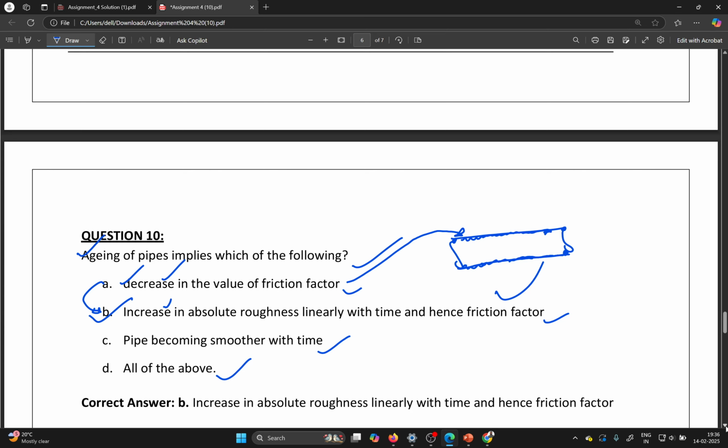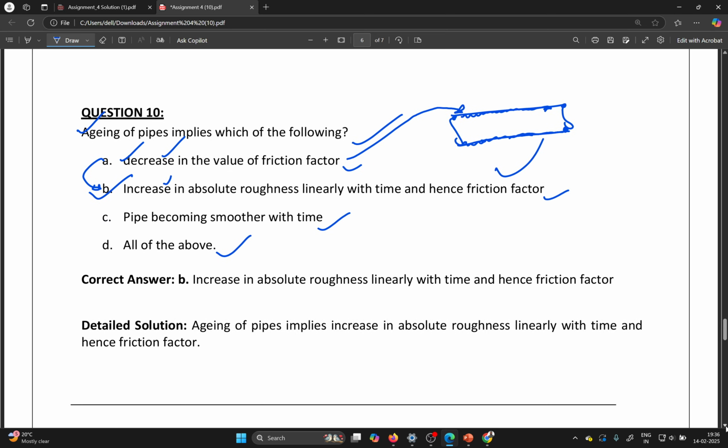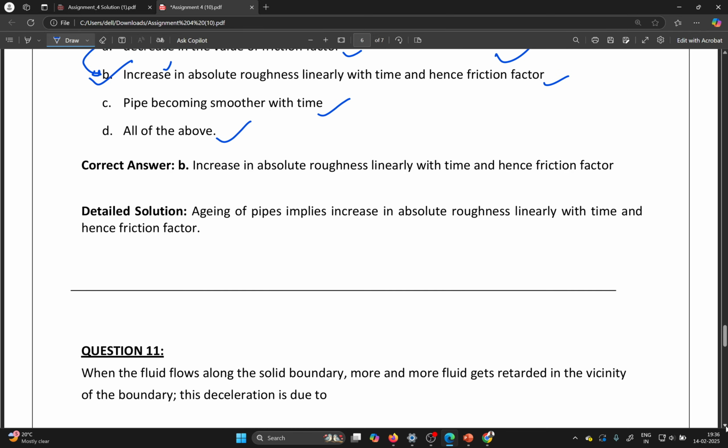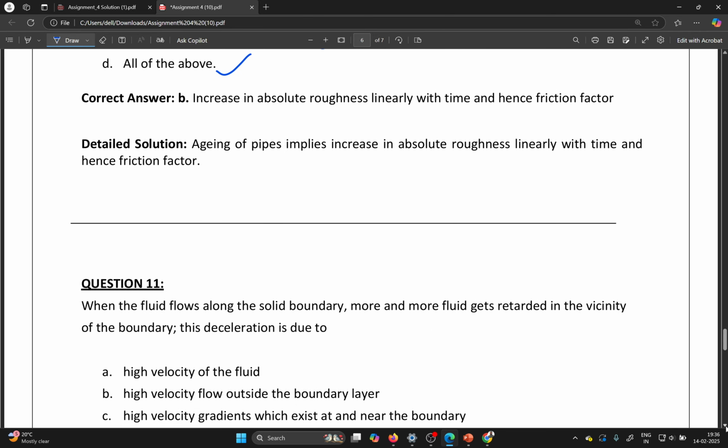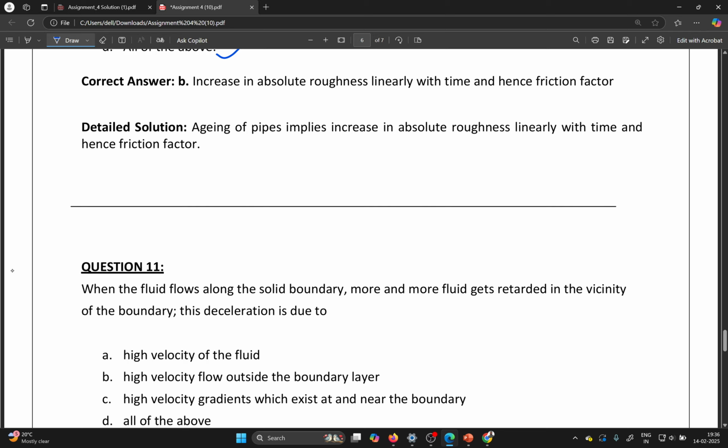Now we'll move on to the next question, question number 11. When the fluid flows along a solid boundary, more and more fluid gets retarded in the vicinity of the boundary.